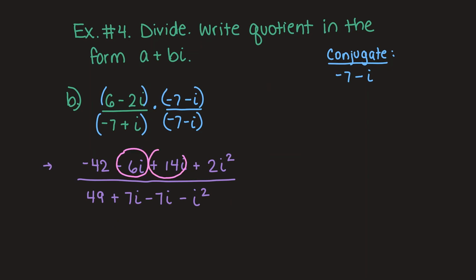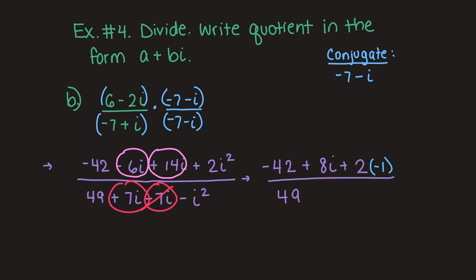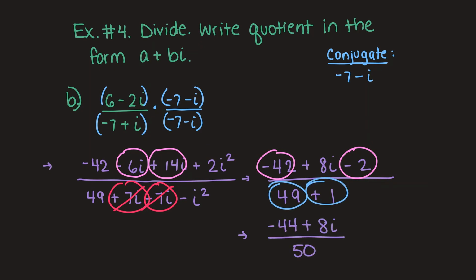So we can combine the imaginary parts, negative 6i plus 14i, and then we can replace i squared as negative 1. The imaginary part 7i minus 7i cancels out, and we also replace i squared as negative 1. And now we can combine the real parts, and we get negative 44 plus 8i over 50.